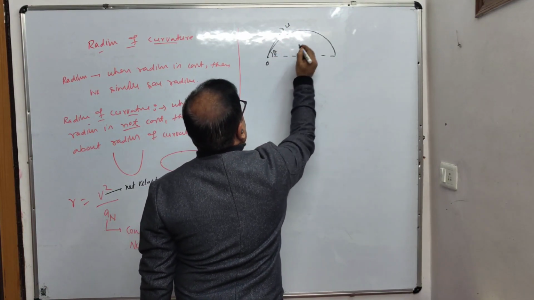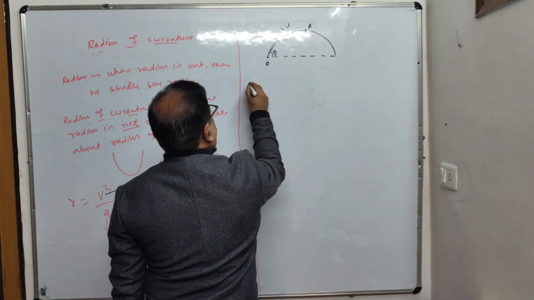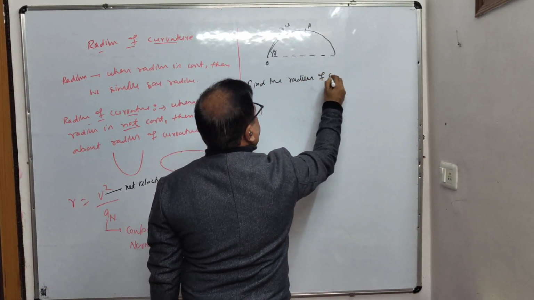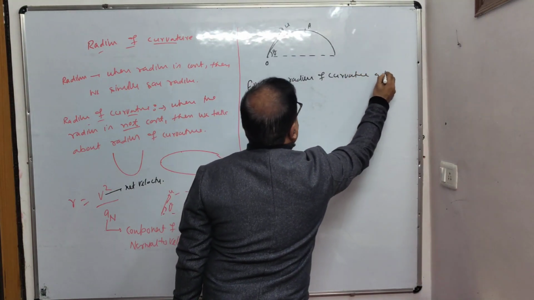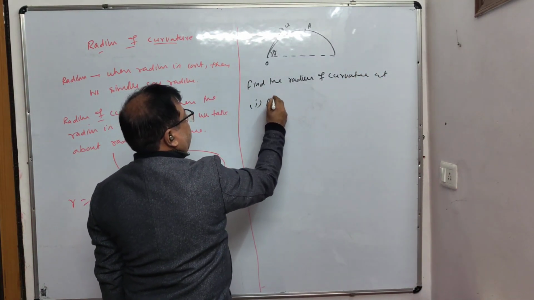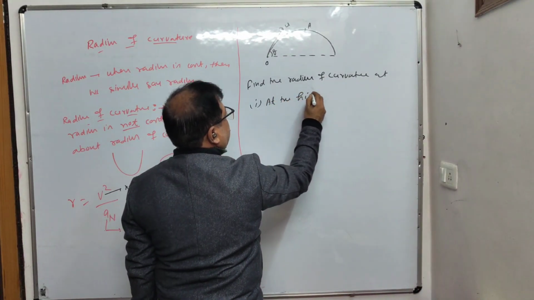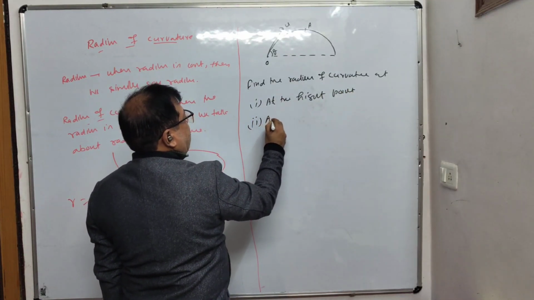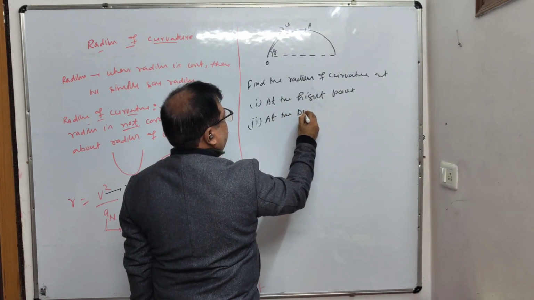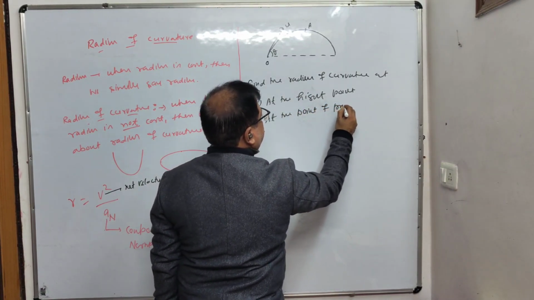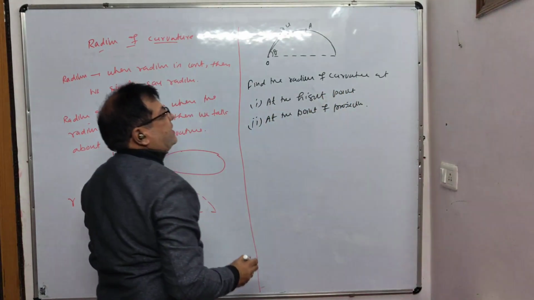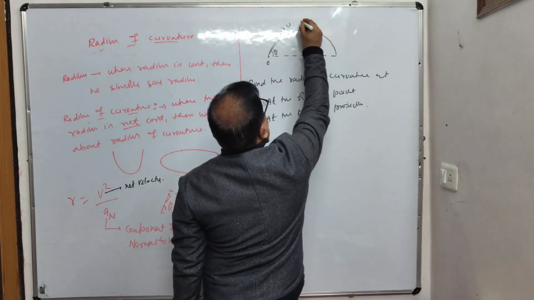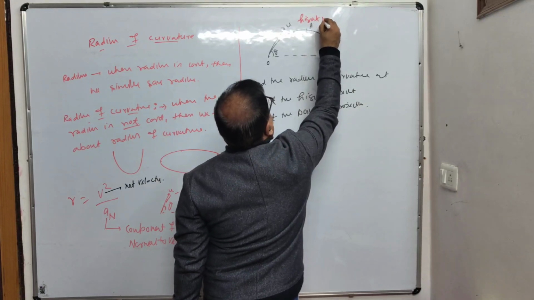So suppose one point is O and one point is A. Find the radius of curvature at first, at the highest point, and second, at the point of projection. Right? So suppose A is the highest point.